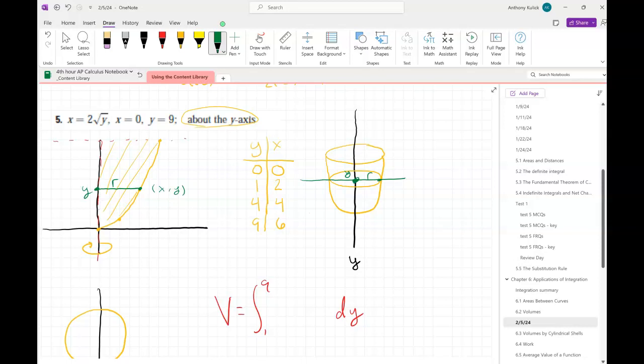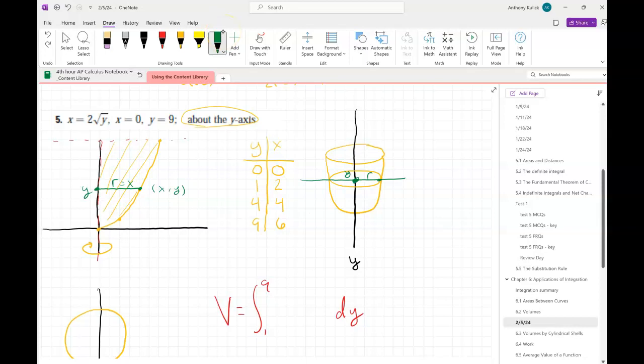Here the radius is x, because when I plot this point, it's x over and y up, right? Does that feel good to you?